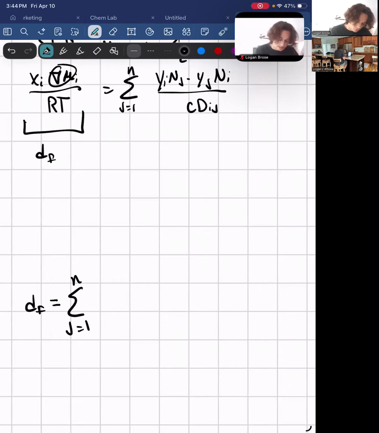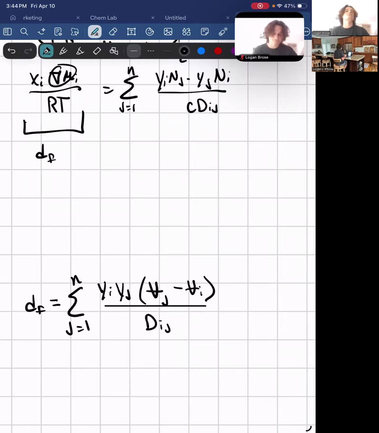Our next variation of this is going to be using velocity. So we have our mole fractions, and then we multiply by our velocity of j minus the velocity of i, all over our diffusive constant, right?